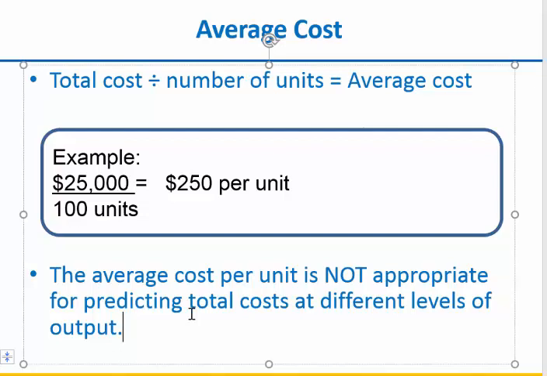Actually, the fixed cost per unit changes at different levels of output. So you don't want to use the fixed cost per unit to predict the total cost. It's too dangerous. Therefore, the argument here is that if you have an average cost per unit, you probably don't want to assume that it remains constant when you have a different level of output. So don't do that. It's very dangerous.